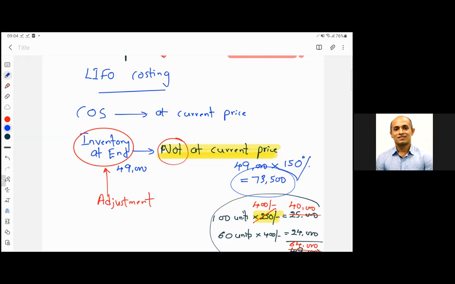In LIFO costing, your inventory value is not at current cost. For analysis purposes, you need to bring that value to the current cost.